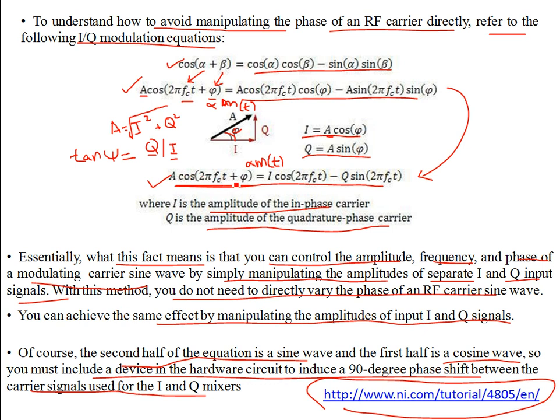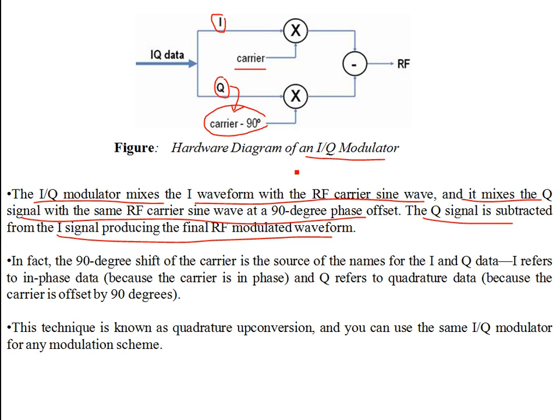For example, this phase could have been modulated by the message signal, so it's a phase modulated signal, which has been produced by the IQ modulator. So you have separately modulated I and Q to produce an RF signal that is a modulated carrier.